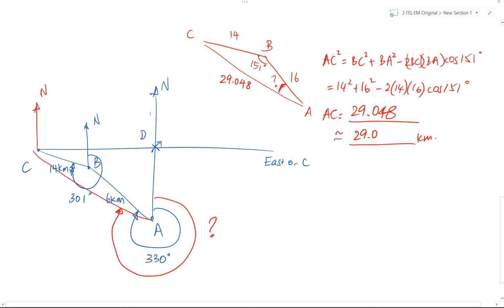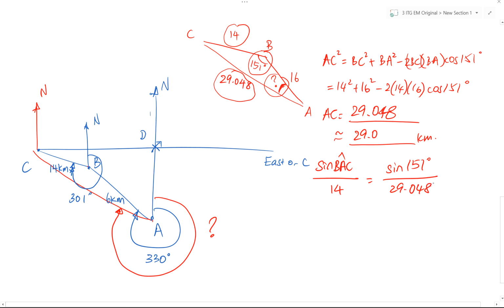So I use my sine rule because I have a side, I have the opposite angle. I have the side, I want to find the opposite angle over here. So now I put my sine on top. So sine BAC divided by 14 equals sine 151 degrees over 29.048.